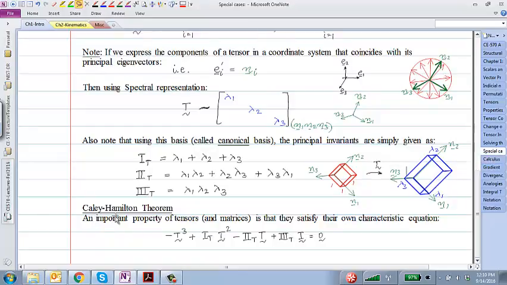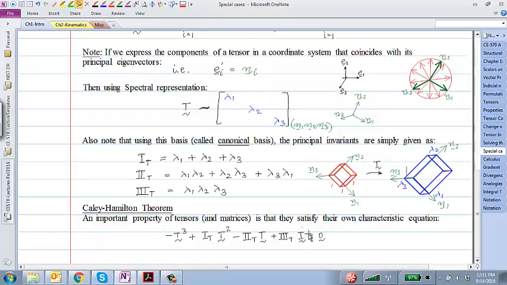But okay, there's this interesting theorem by Cayley-Hamilton, which says that given a tensor, if you plug that tensor into its own characteristic equation, hopefully you recognize that this is the characteristic equation of the tensor T, except instead of lambda cubed, I have T cubed, T components acting on itself. Instead of lambda squared, I have T squared. Lambda is replaced by T, and I cannot have just the third invariant sitting here.